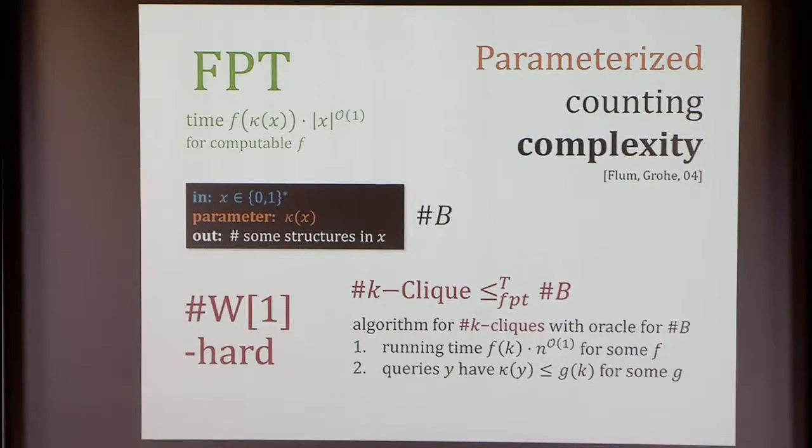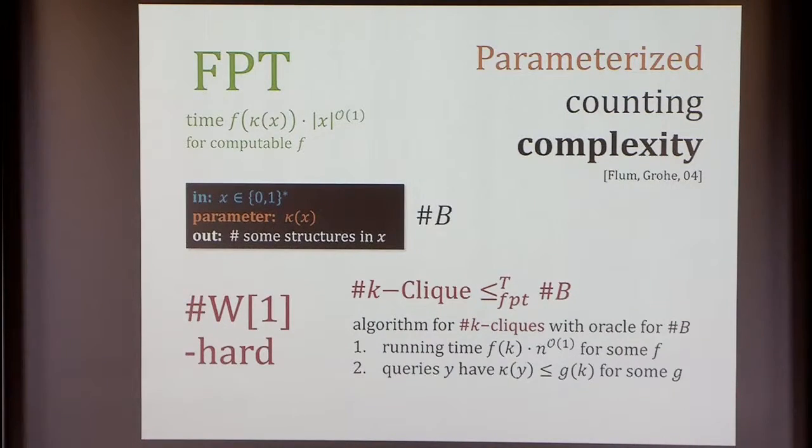I'm missing, what's the connection? We have k and kappa. What are the roles here? Okay, so k is the parameter for counting k-cliques, and kappa would be the parameter of your target problem. So two parameterized problems can have different parameters. You want to reduce counting k-cliques to counting #B, and #B has this parameter kappa, whereas k-cliques has the parameter k.